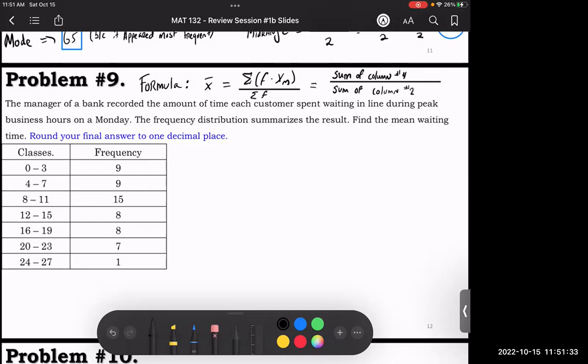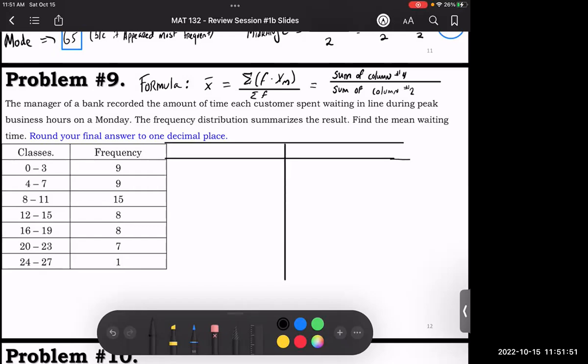So the frequency table that I give you already has the classes and its frequency. We need 2 more columns, so I just have to extend this. The 2 columns that we're going to be including are the xm values, then the f times xm values.